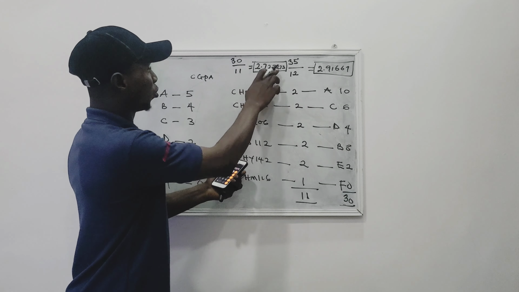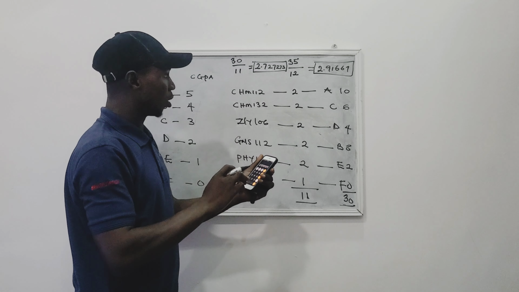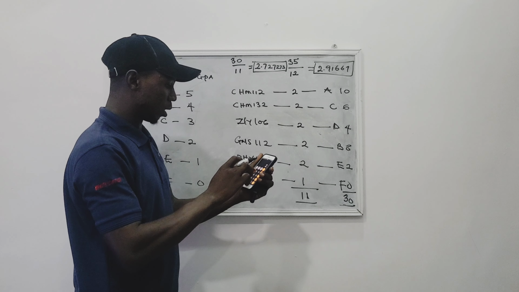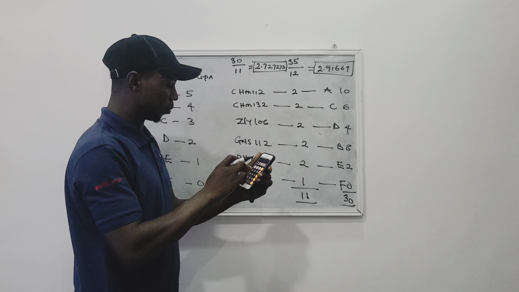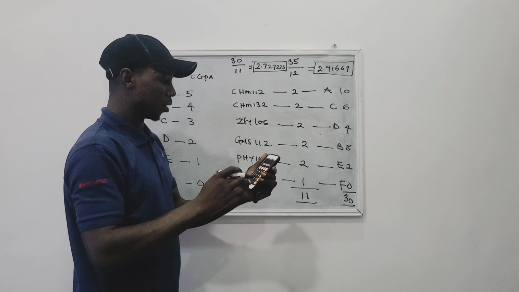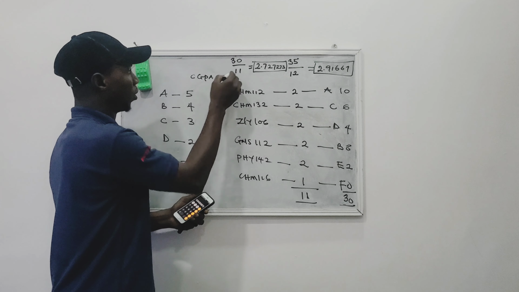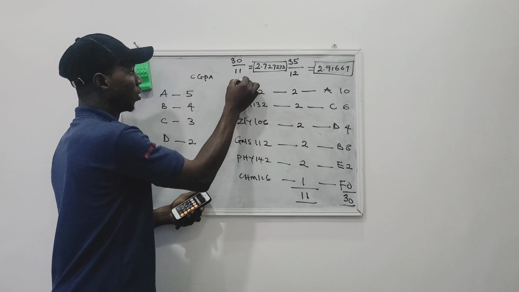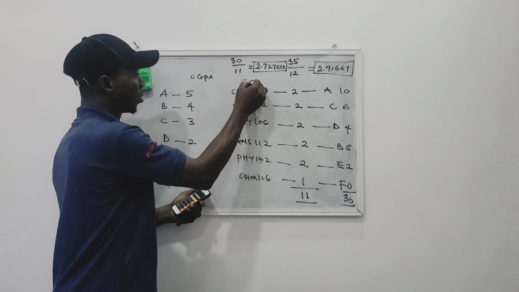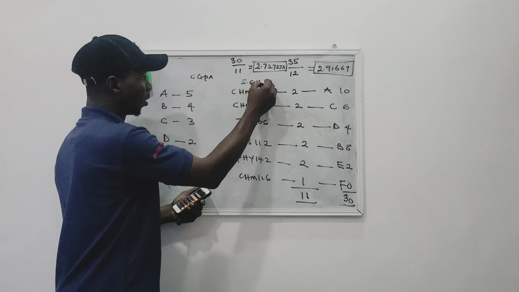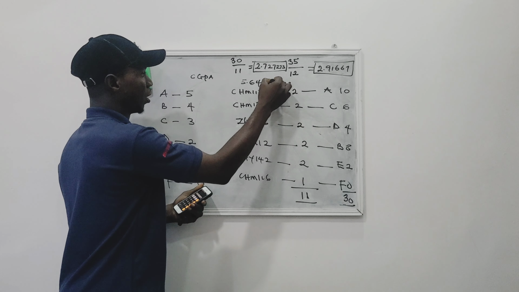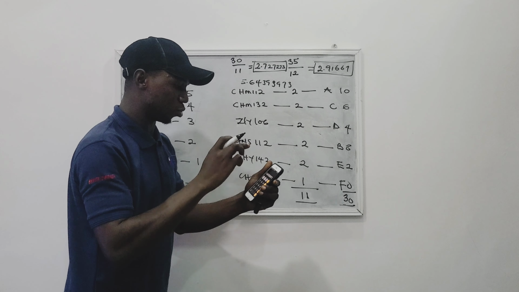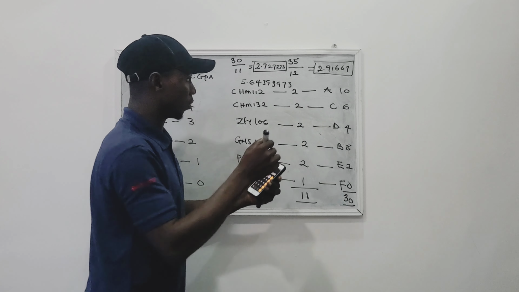This 2.727 whatever plus 2.916667 equals 5.64. Addition of the 2 is 5.64393973.